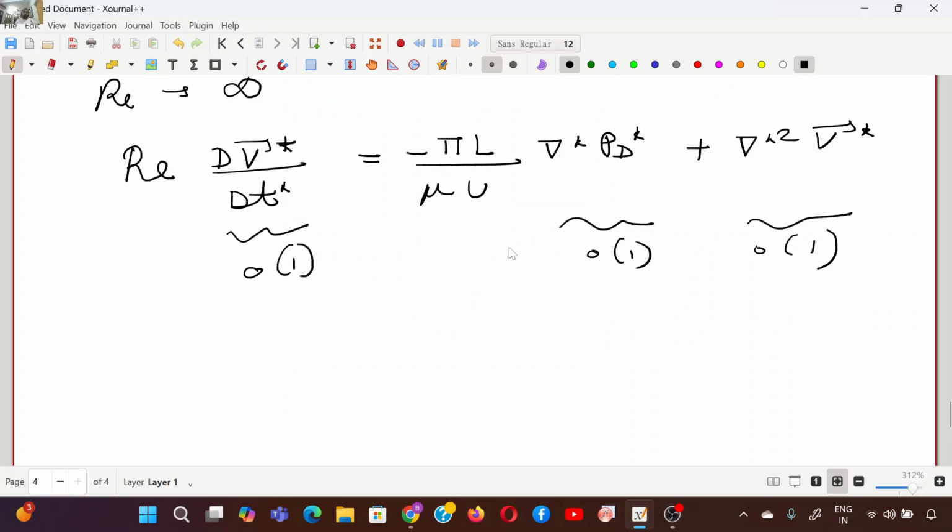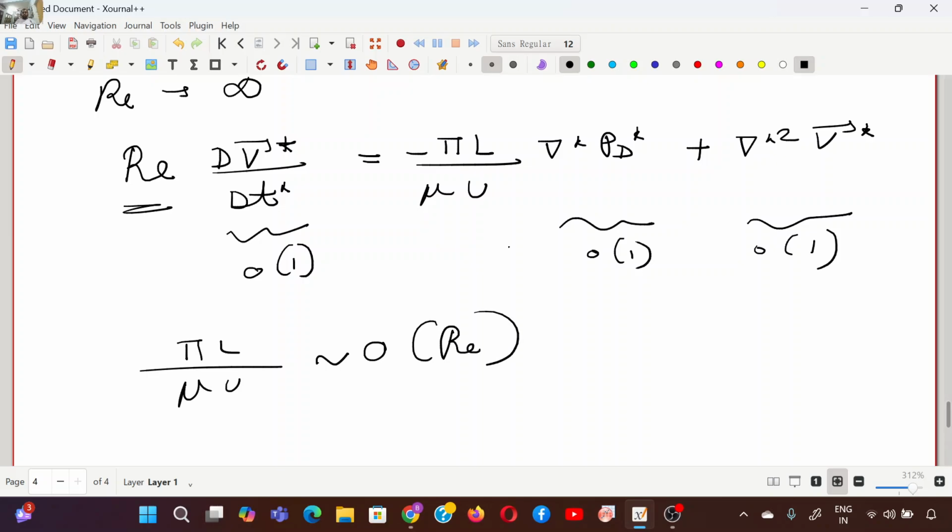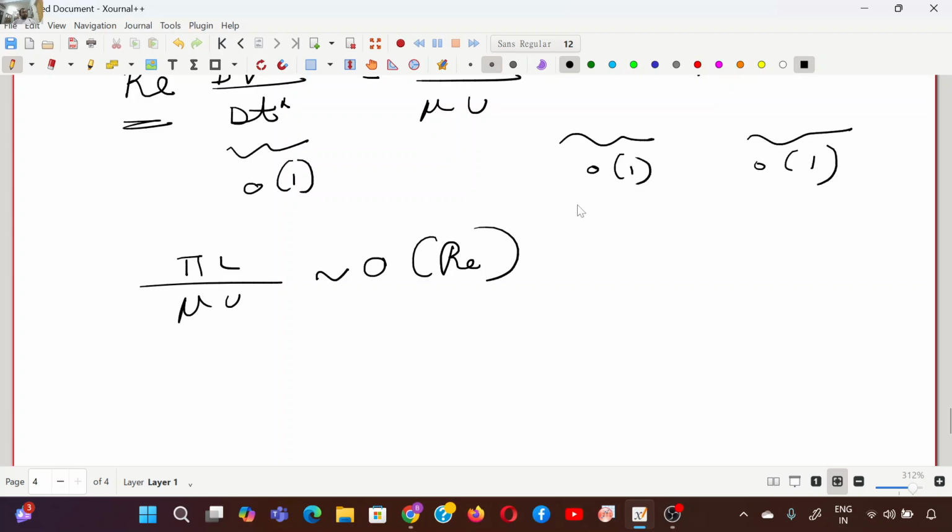Okay. So if this order is very large, say infinitely high, this term anyway you can neglect because it's just order 1. But this can equal to this when pi L by mu u is of the same order as Re, right? If pi L by mu u is the same order of Reynolds number, okay.